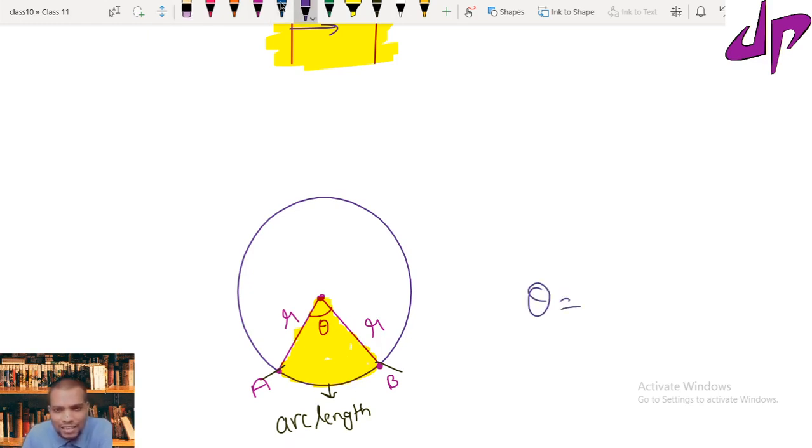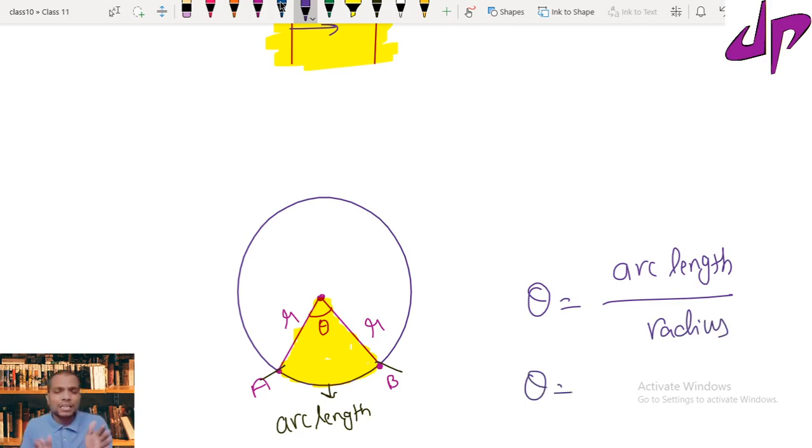So the angle theta formula here, we can give as arc length by radius. To calculate theta, how much change in the angle, we need the arc length. Here the arc length is nothing but AB, by radius R.